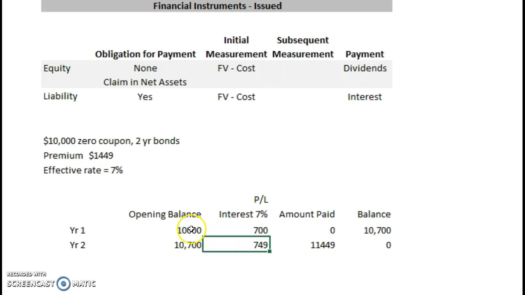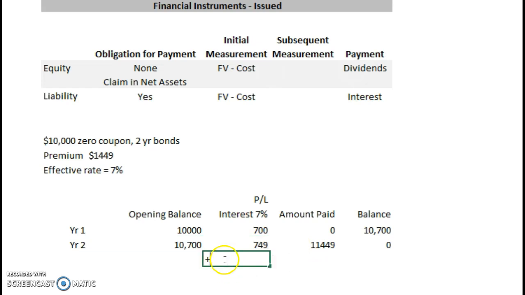And if this was a 5-year bond, then this would compound and increase all the way along. So what happens now? Well, we have the opening balance of 10,700 plus the interest for the year of 749, and if we add those together, that is the amount paid.